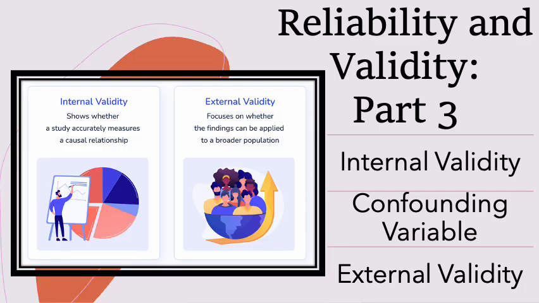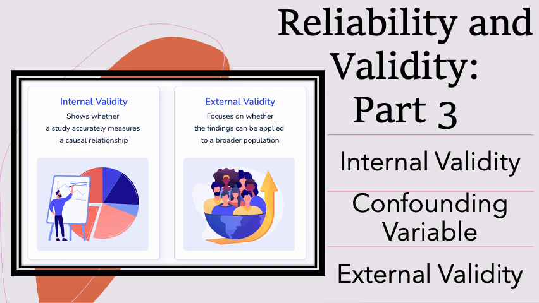Reliability and validity are both important concepts to consider when you use a measurement tool. It is also important to note that reliability always comes before validity. An instrument can be reliable, it can be consistent, but that doesn't mean that it is valid.